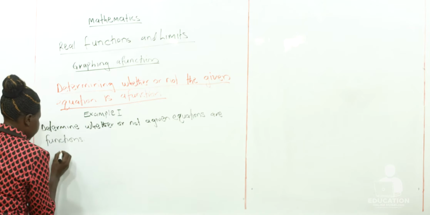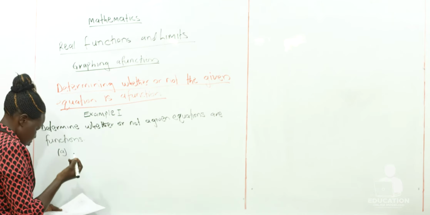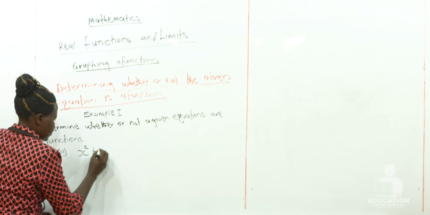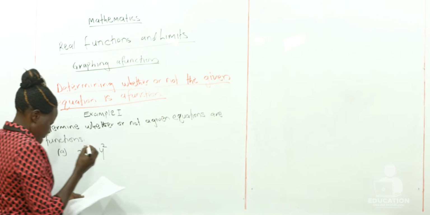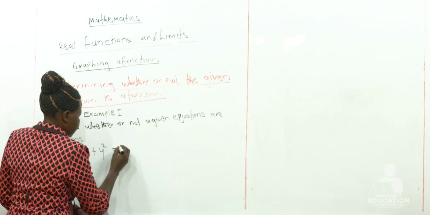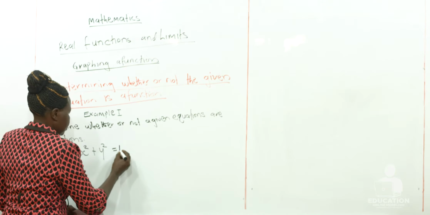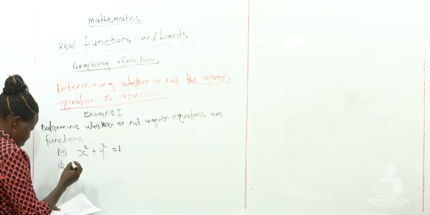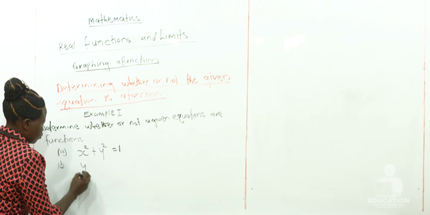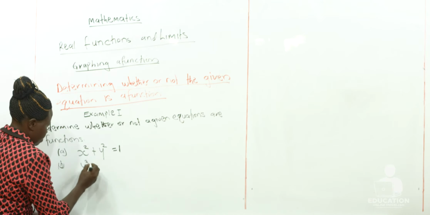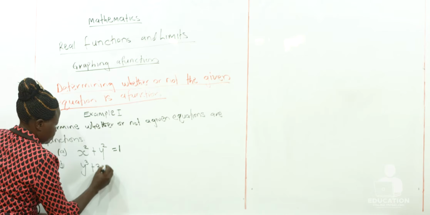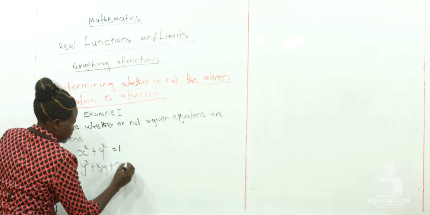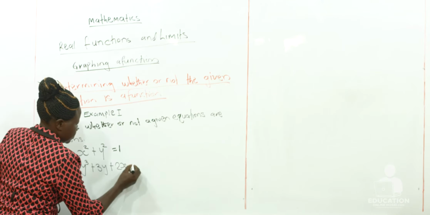Part A: we have x squared plus y squared equals 1. And then part B: we have y cubed plus 3y plus 2x equals 0.